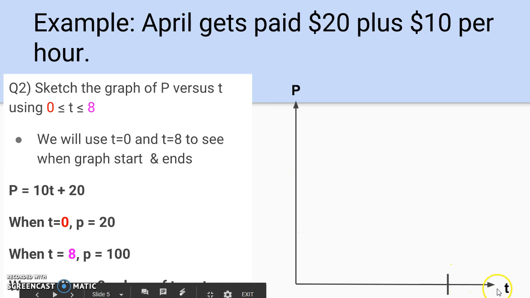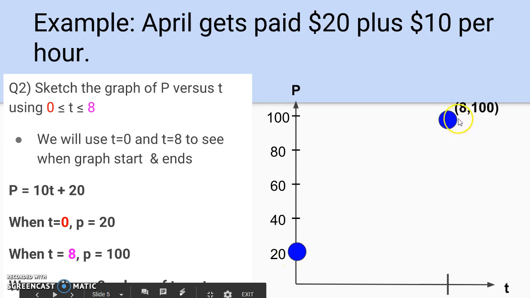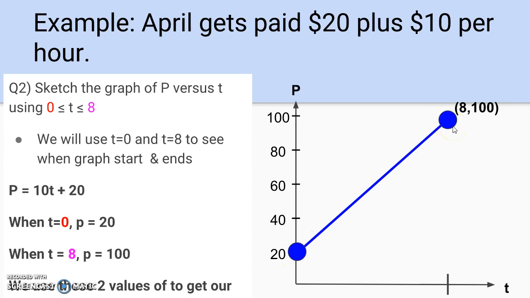Here's T equals 8, and I'm going to sketch out my vertical axis. When T equals 0, P equals 20. When T equals 8, P equals 100, and I'm just going to draw a straight line connecting these two points, and that's my graph.